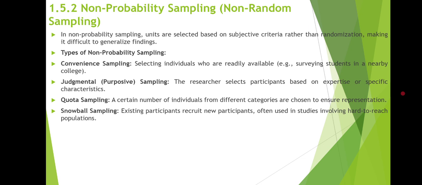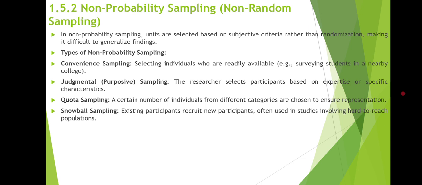First, we have convenience sampling, which means selecting individuals who are readily available, for example, surveying students in a nearby college. Next, we have judgment sampling, which means the researcher selects participants based on expertise or specific characteristics.